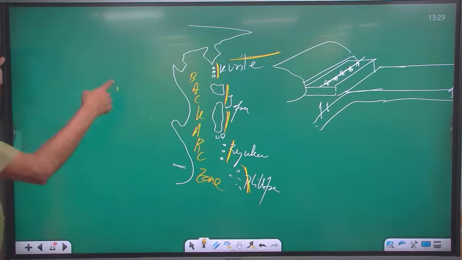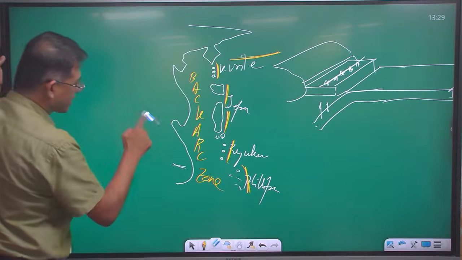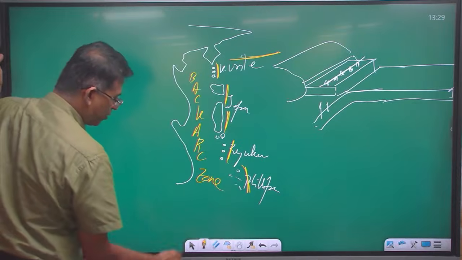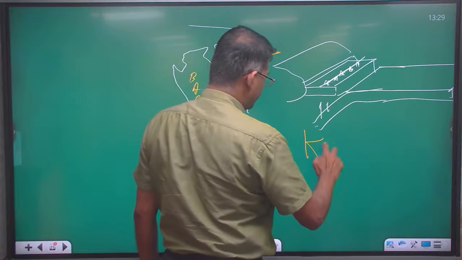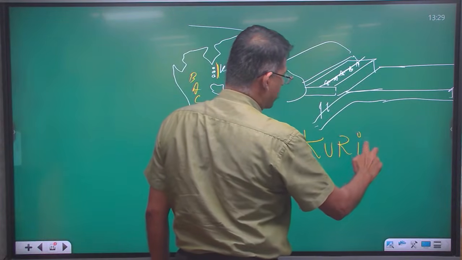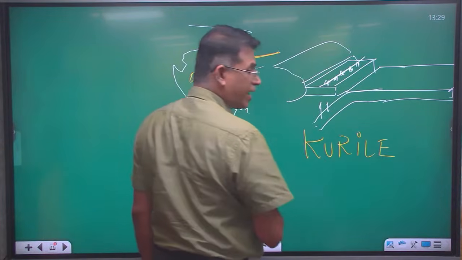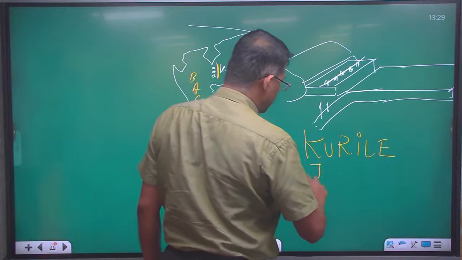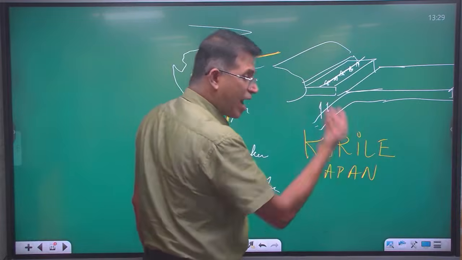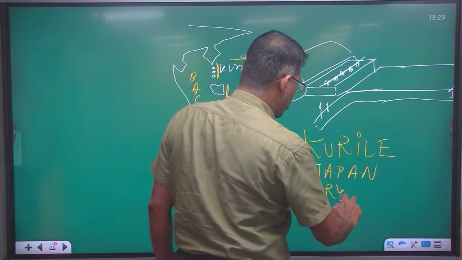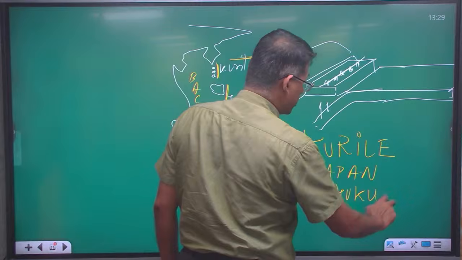Okay, so some names I scribbled assuming कि आपको पता होगा. Okay, but मुझे पता है कि नहीं पता है. So I am writing again an island group called as Kuril Islands. There is a group of island called as Japan Island. Japan का ही part है a group called as Ryukyu Islands.